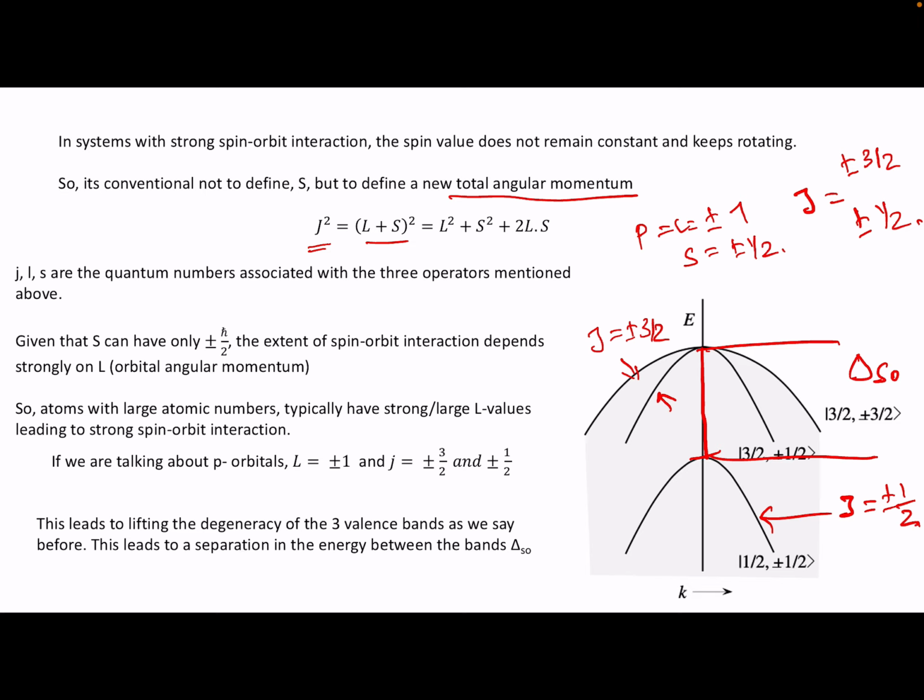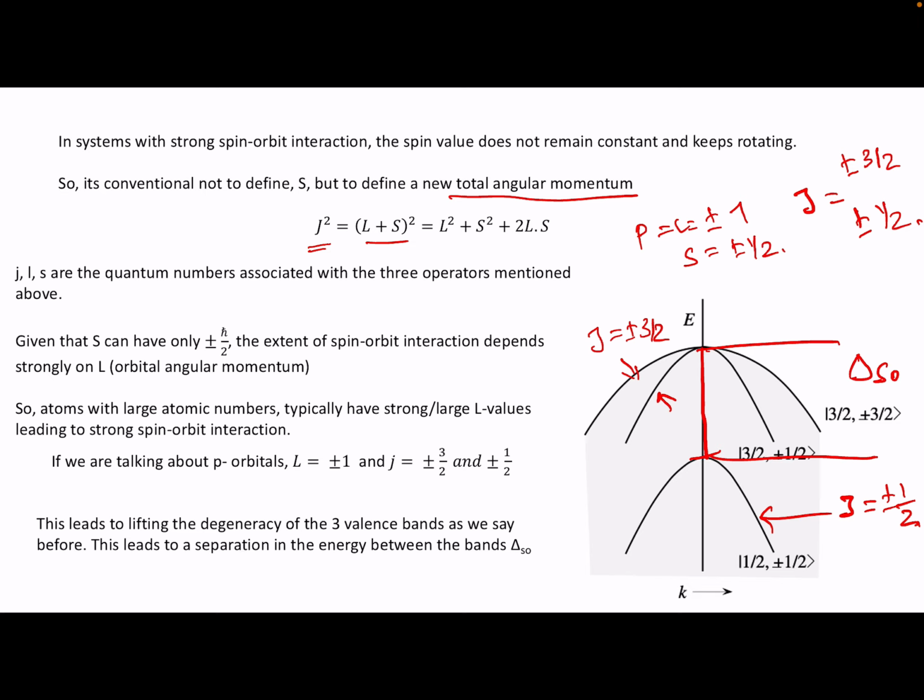I will repeat, J is just the summation of L plus S. L is the orbital angular momentum and S is the spin. As we saw previously, L is plus or minus 1 for a p-type band, and S is equal to plus or minus 1/2, right? So that gives you J is plus or minus 3/2 and J equal to plus or minus 1/2.